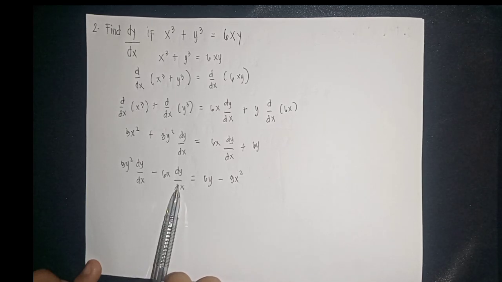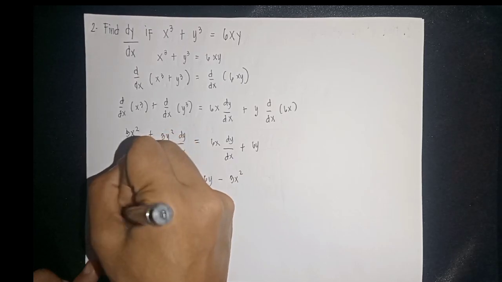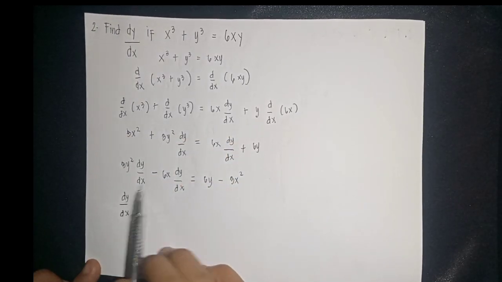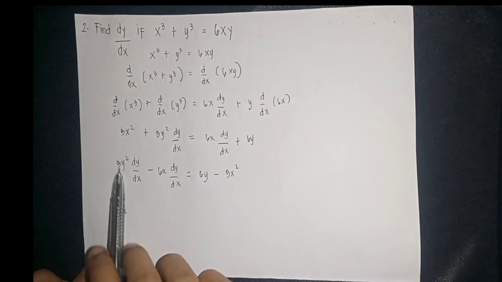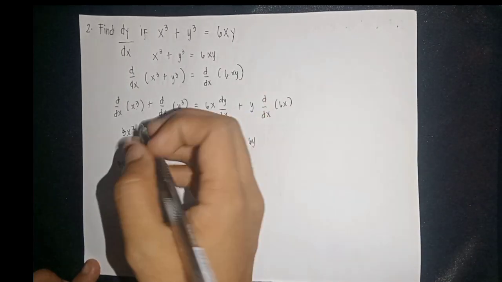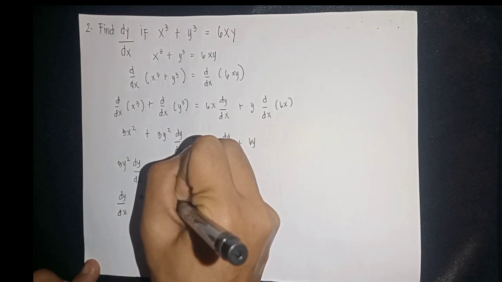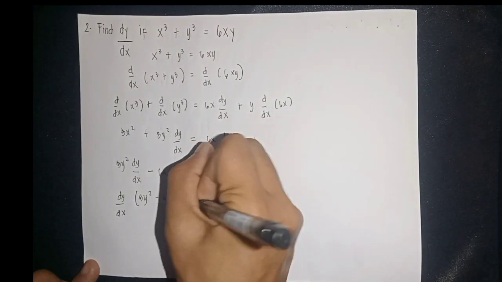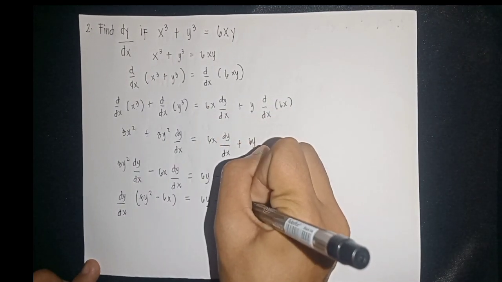So we know that if the position is changed, the sign will also change. And then let's copy the derivative of y over dx, or the derivative of y with respect to x, and then bring down the 3y squared minus 6x, equal to 6y minus 3x squared.